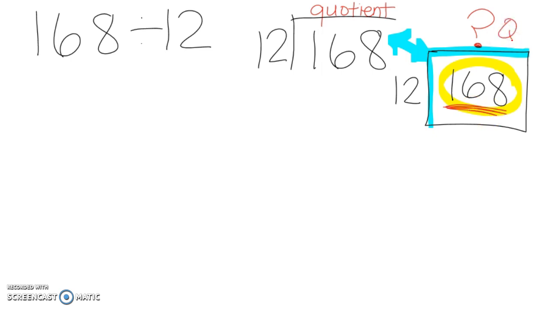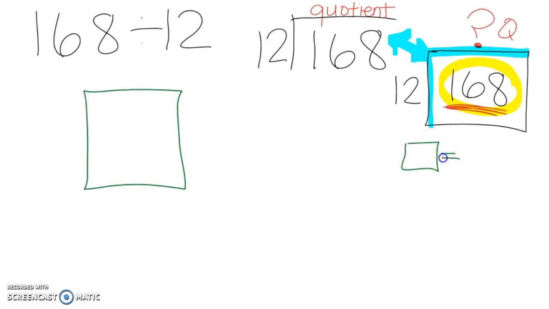We can use base 10 blocks to help us solve this problem. And that's what we've been working on in class that a few of us have been struggling with. So let's take an opportunity to do that. Before we begin, we need to know that a flat is equal to 100, a long is equal to 10, and a cube, or for this purpose, a dot, is equal to 1.